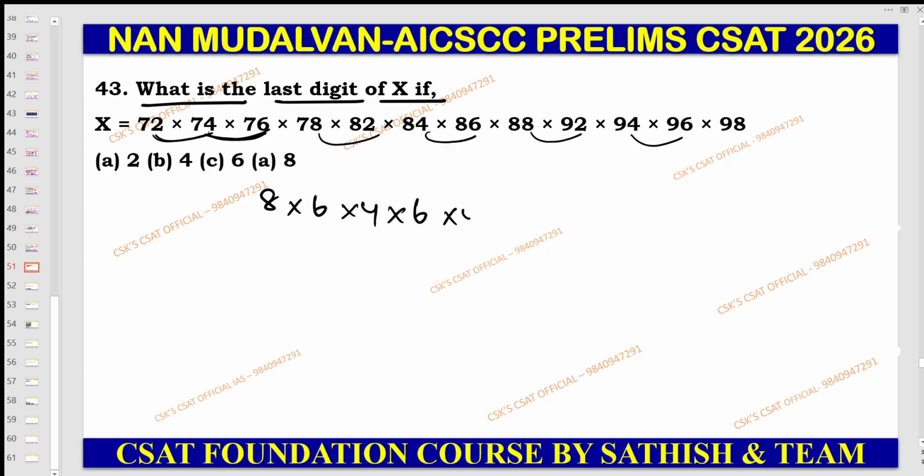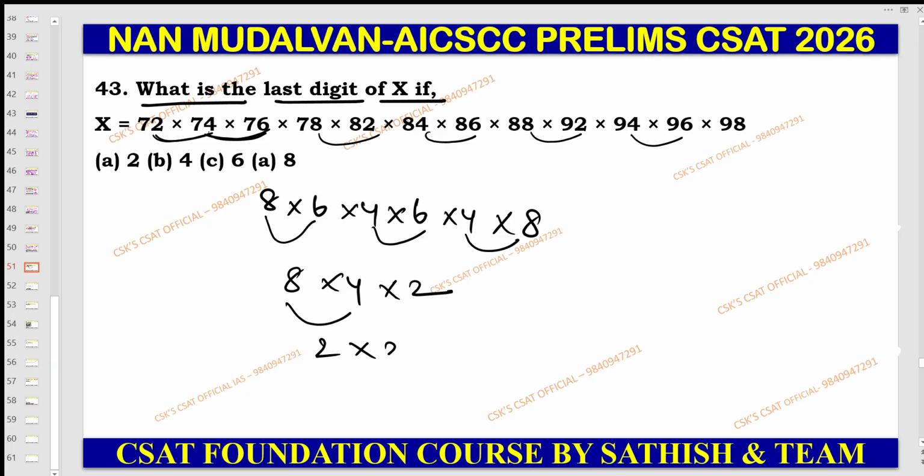Then 24, I'm taking 4. 8 here. 48, 8. 24, 4. 32, 2. 32, so therefore 4. You just focus on the unit place alone. Understood? Right. Shall I move to the next?